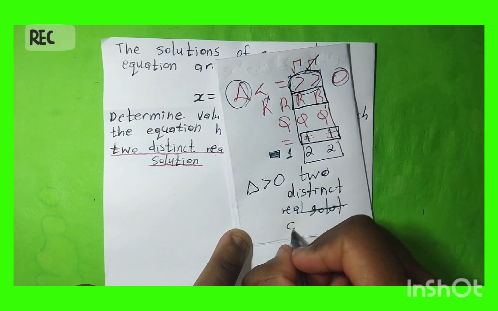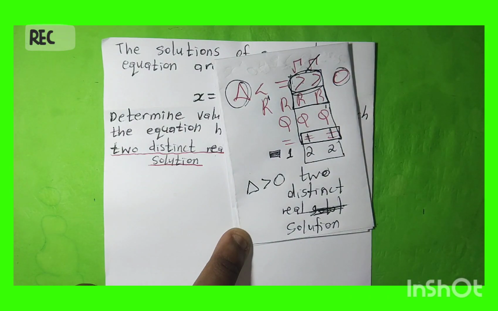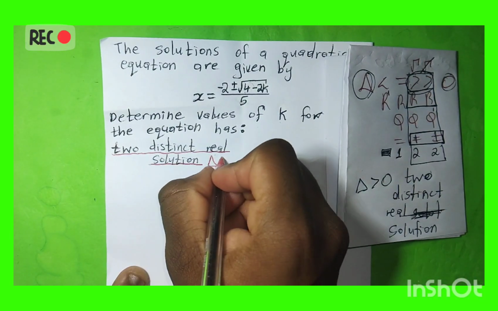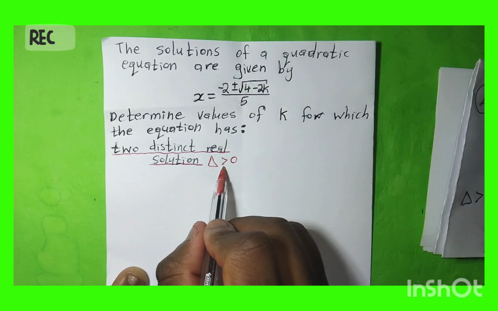Guys, I made a mistake in the wording there. So that's why we'll be having two distinct real solutions. So this is how, guys, you're supposed to do this. That's why the discriminant is greater than 0.